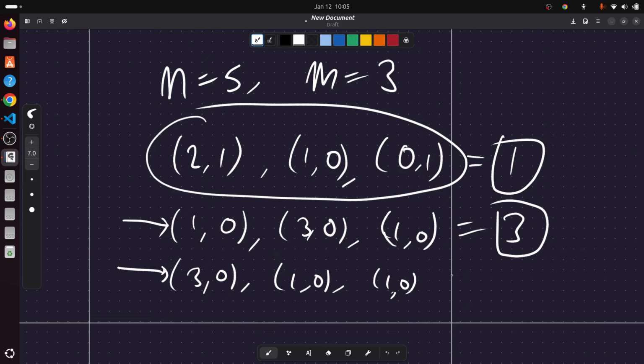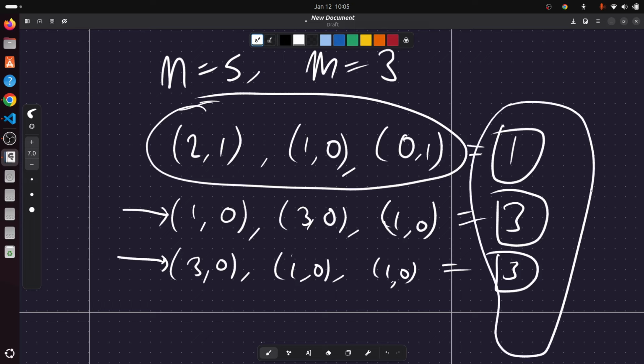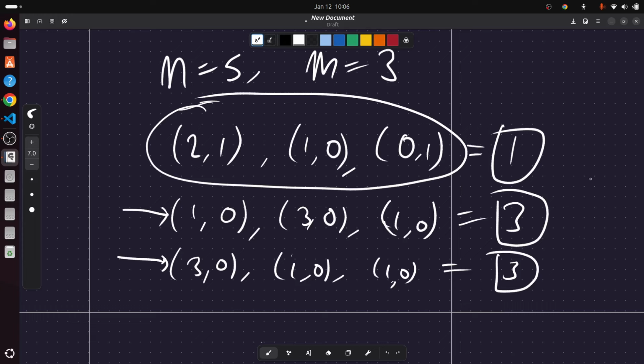So this is also another way, and this will give 3. And so I can iterate over all the different ways to break this such that I only count them once, right? And I will take the sum of them and then multiply it by 2 to the power m to get the final answer, right?